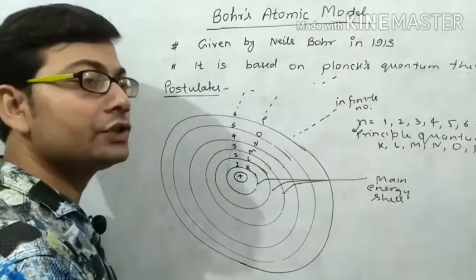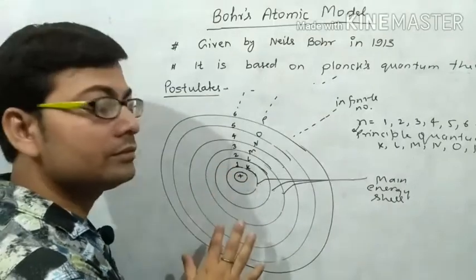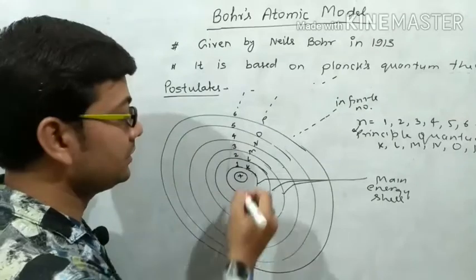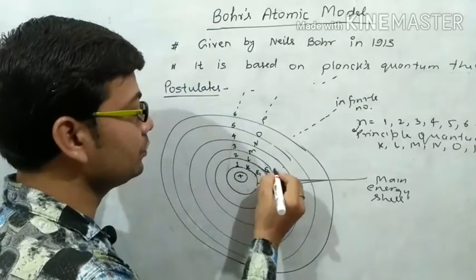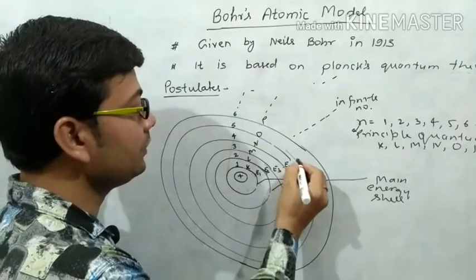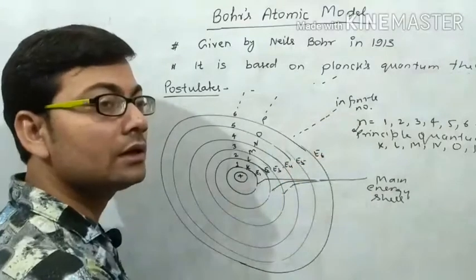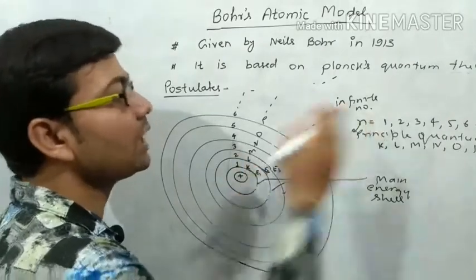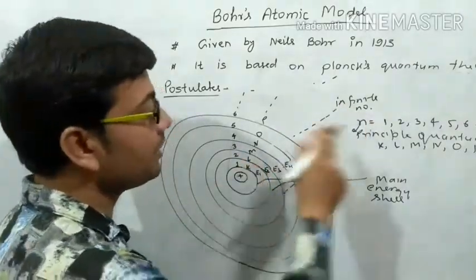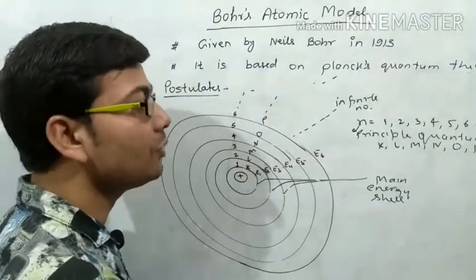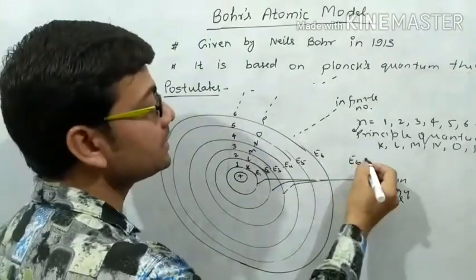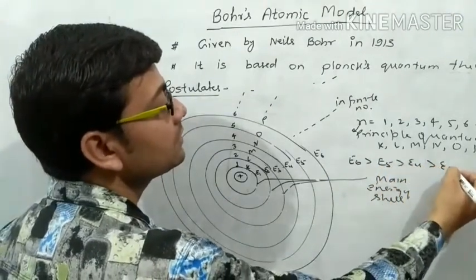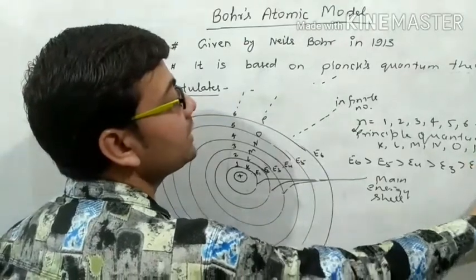And the energy of each circular orbit is E1, E2, E3, E4, E5, E6 and so on. The energy increases from the innermost orbit to the outermost orbit. Means if we look at the energy level, which one has more energy? E6 has more energy than E5, then E4, E3, E2 and then E1.